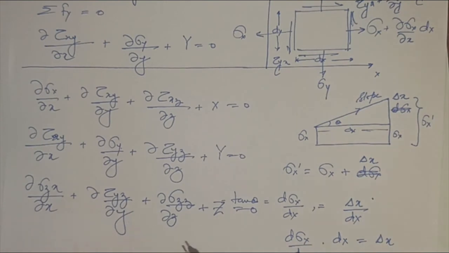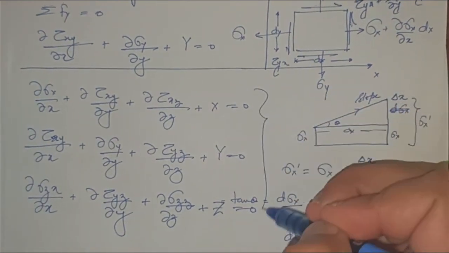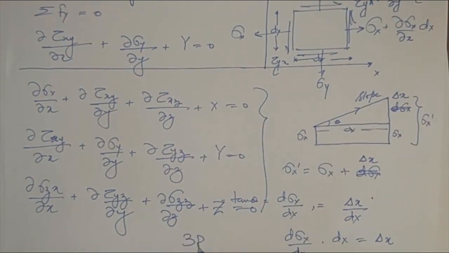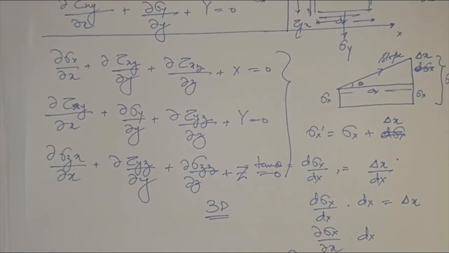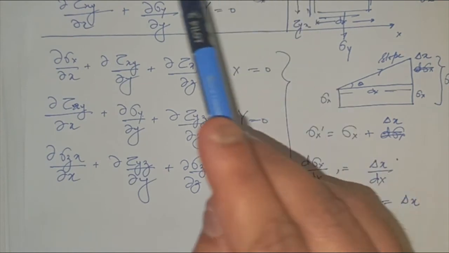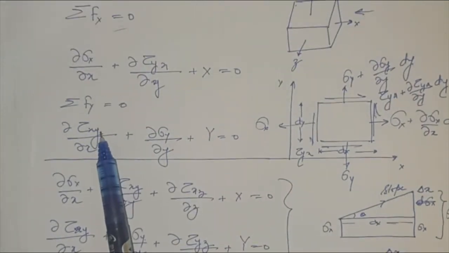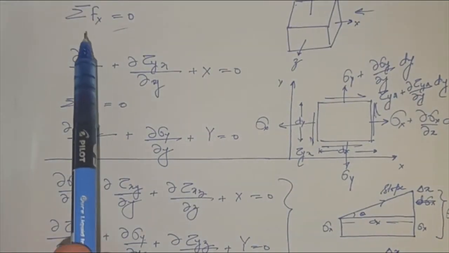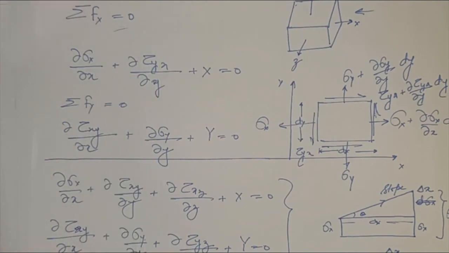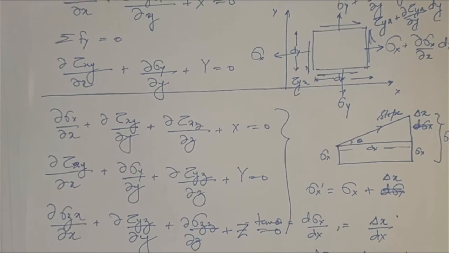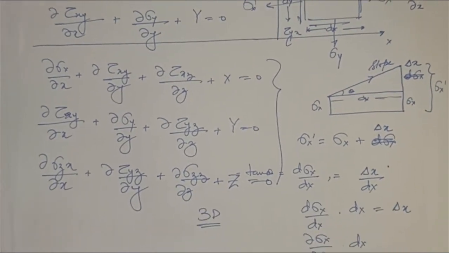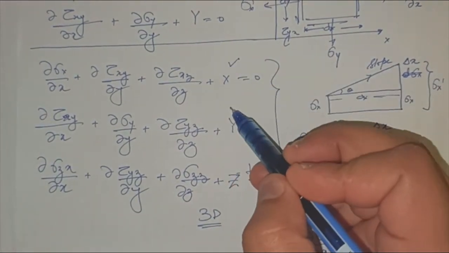So now I have written the equilibrium equations for you in 3D. These are my final equilibrium equations. I hope you will derive them along the x, along the y and along the z directions in 3D, and when you derive them, you will get these three equilibrium equations.